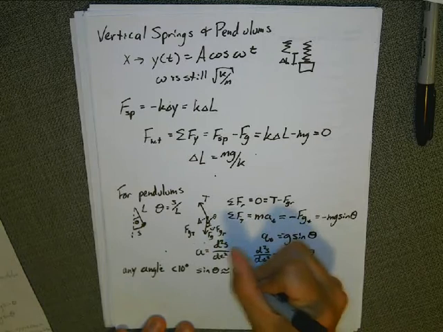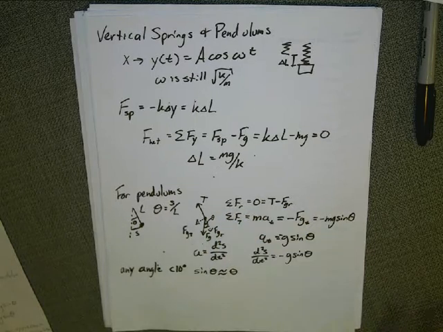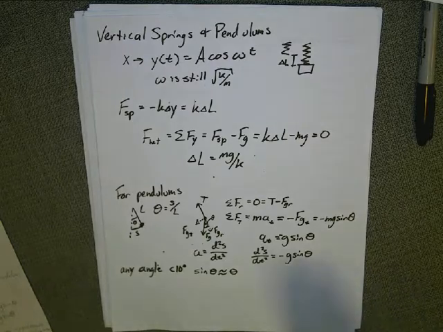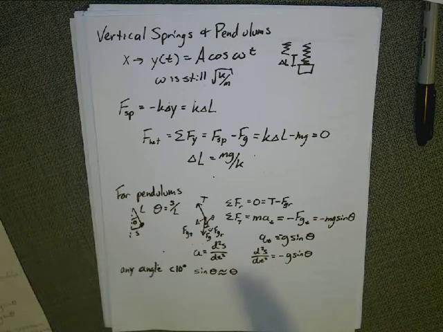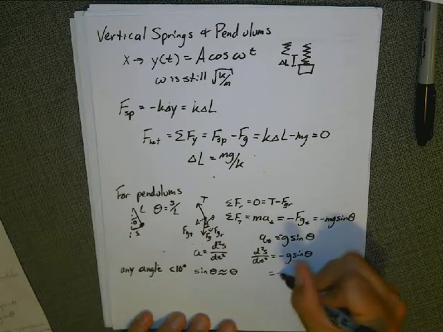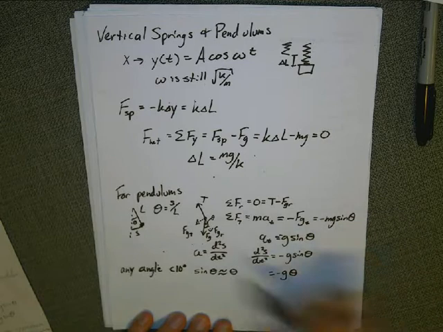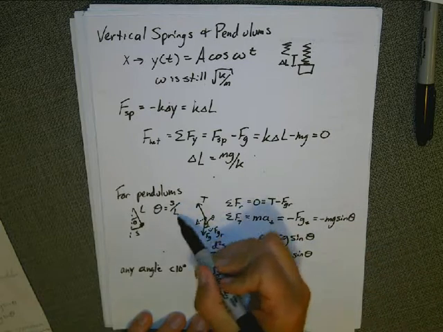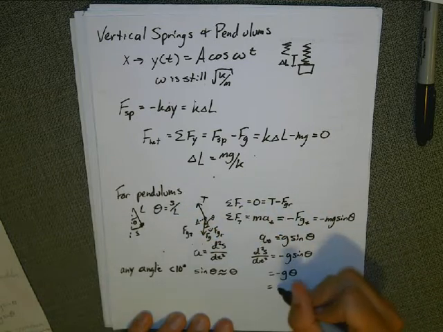You can check this out on your calculator, and it actually works really well, like I said, up to 5 degrees, and pretty well for less than 10. Anything greater than 10, it starts to get messed up really quickly. So then I can say this equation is equal to negative g theta, and theta is equal to s over L, so it equals negative g over L times s.